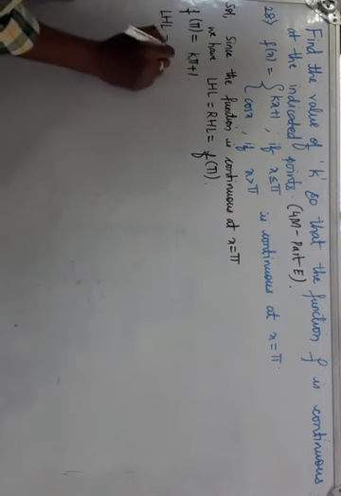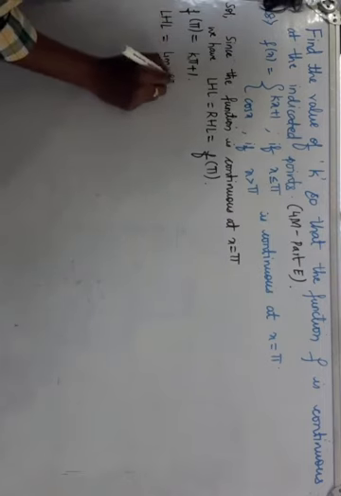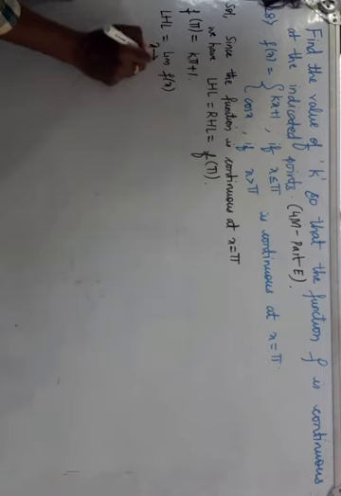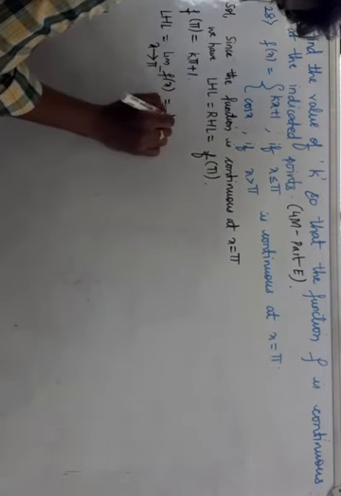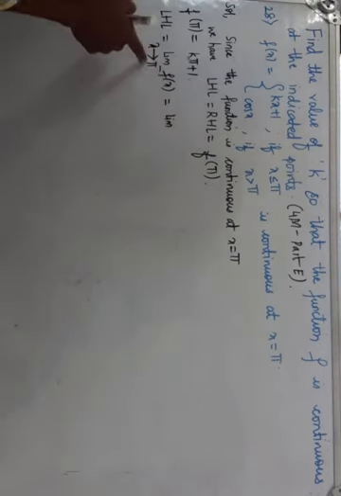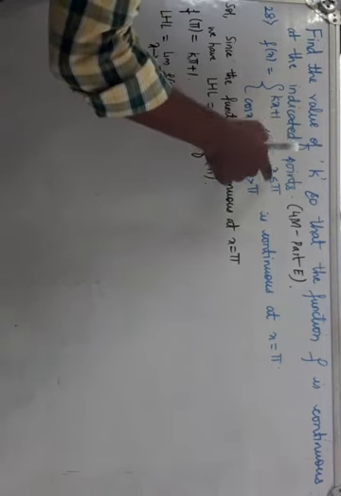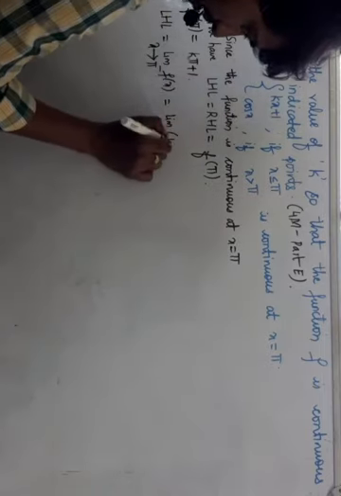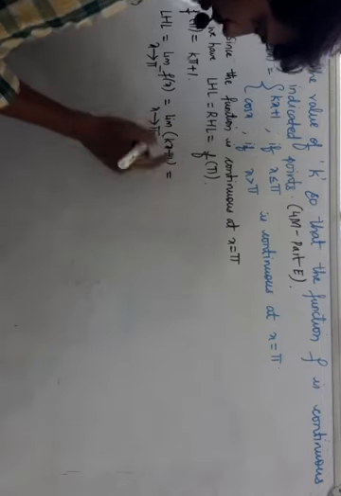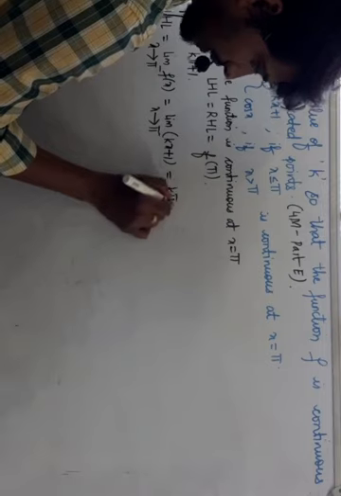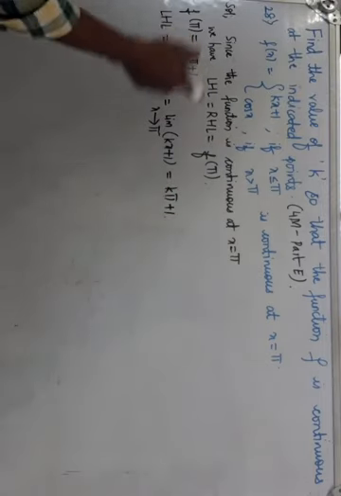LHL is equal to limit of the function f of x as x tends to pi minus. This is the less than pi branch, which is the first branch, kx plus 1. When you calculate this limit, again you get k pi plus 1. So you can't consider both of these.